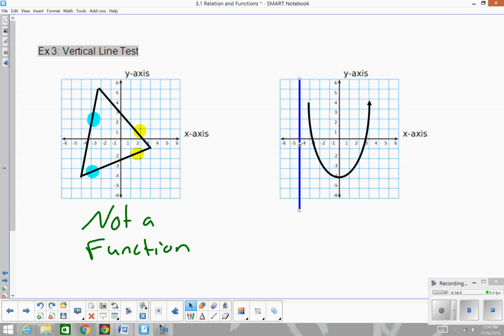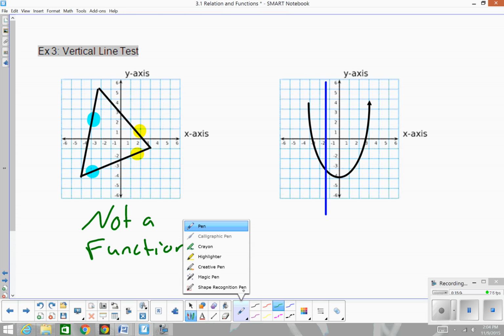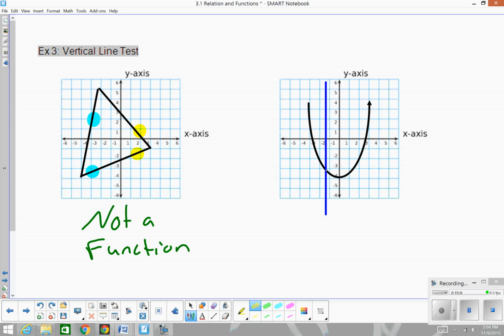Okay, so I'm going to drag this from left to right, and I'm going to say, okay, I'm going to stop right there. How many times does that touch your graph? And it only touches right there. Okay, let's try this again. Let's move it right there. It only touches right there. Alright, let's try one more time. Let's go back here and stop. It only touches right there.